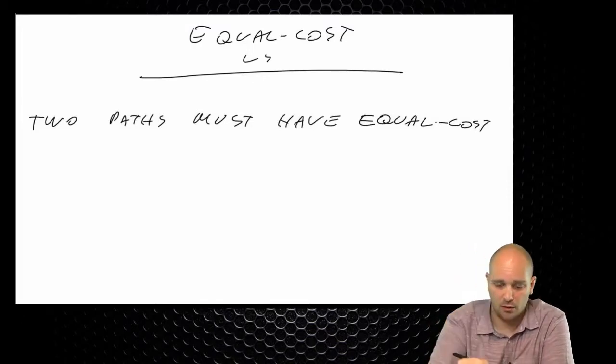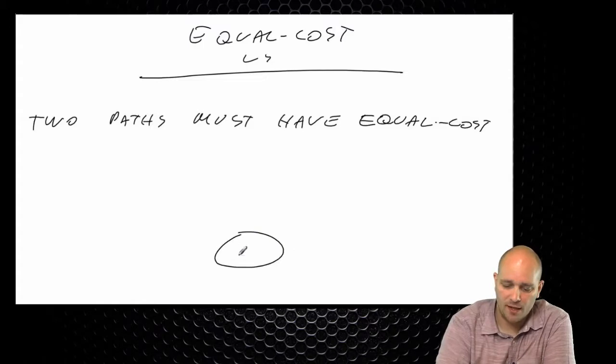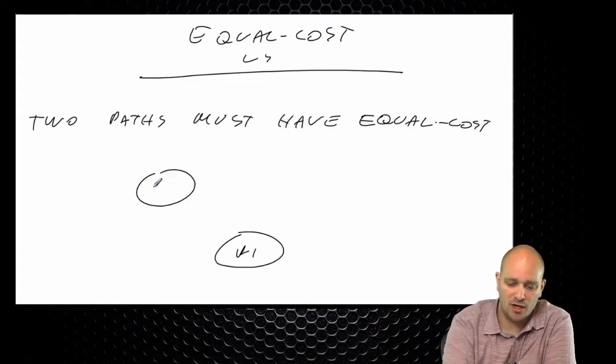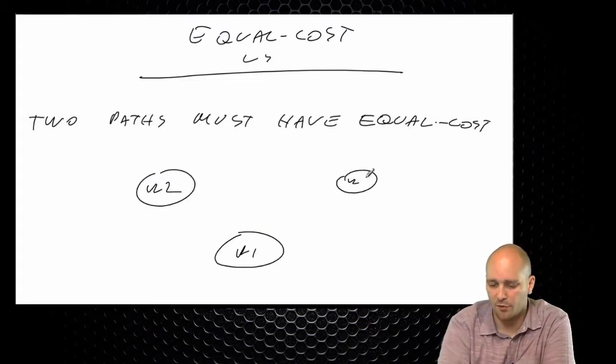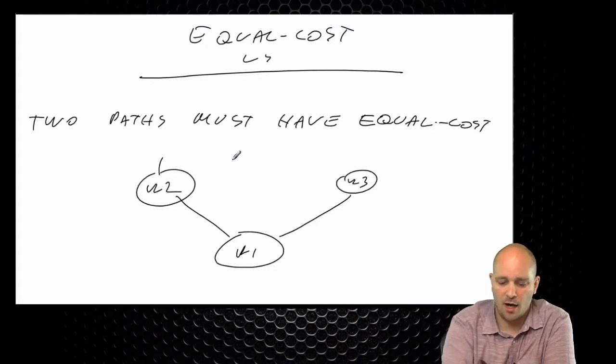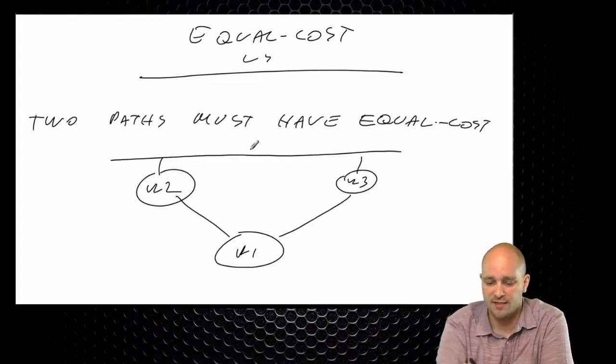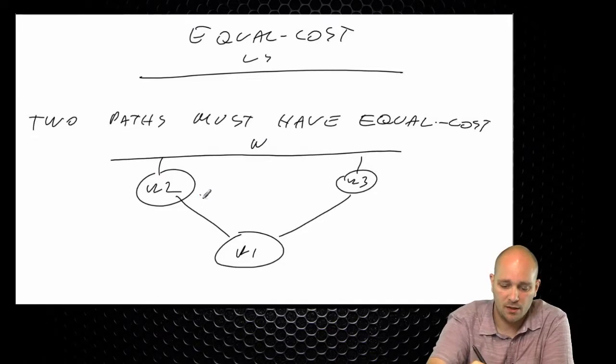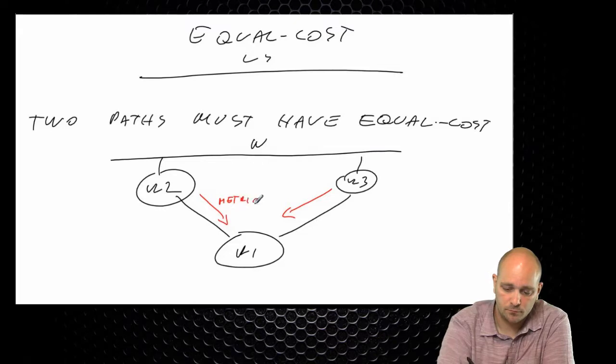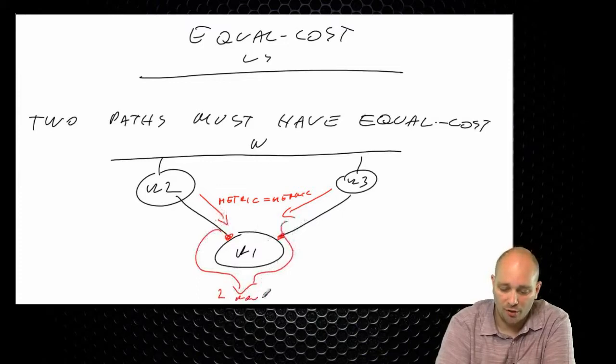So if we have, let's say, R1 that has connections to R2 and R3, and R2 and R3 are advertising the same network here to R1, if these are the same metric, and these interfaces are the same, basically what's going to end up in the routing table here are two routes.